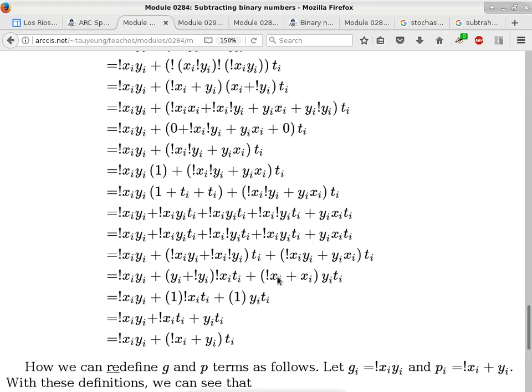I have not xi or xi, which is also guaranteed to be true. True and whatever is whatever, so I basically just cancel out and do not write the true here, so we end up with this equation here. And when we get to the bottom one, we do one more round of factoring to factor out the Ti. So now we have not xi or yi, and then the Ti on the outside.